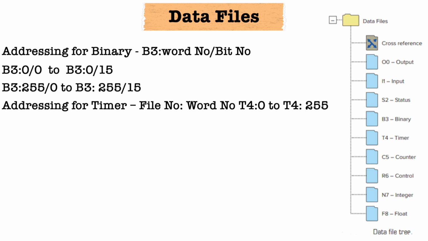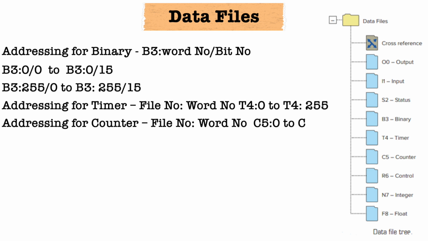Next is the counter addressing. Similar to the timer, its format is file number, colon, word number. But the counter is addressed by C5. So the counter addressing ranges from C5:0 to C5:255.